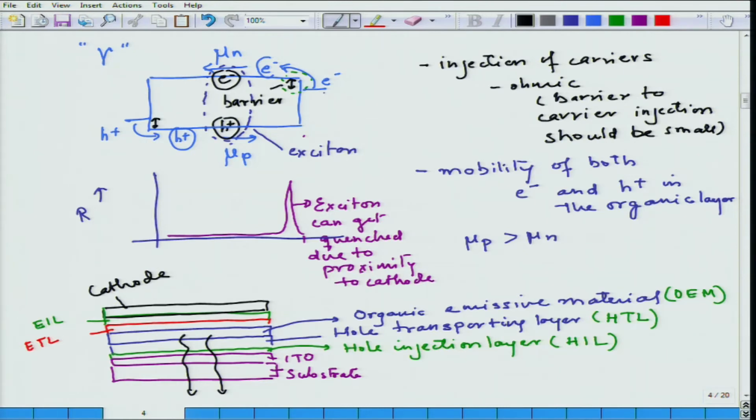If these carriers are coming from the anode and going to the cathode at a much faster rate, I can also add another layer here which we call the carrier blocking layer, to hamper the movement of the holes going towards the cathode, and that helps better charge balance in the device. So, these are some of the ways in which one can improve the OLED efficiency.